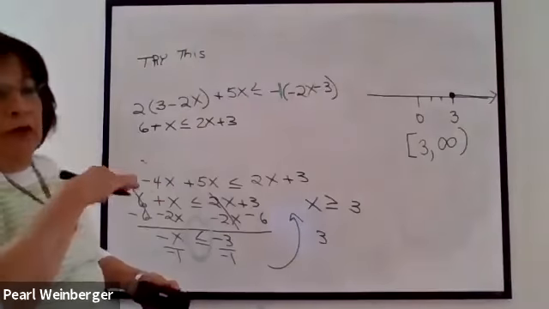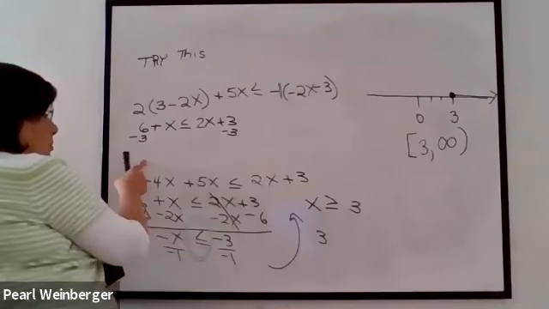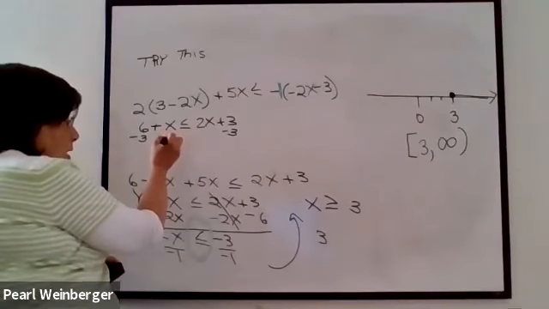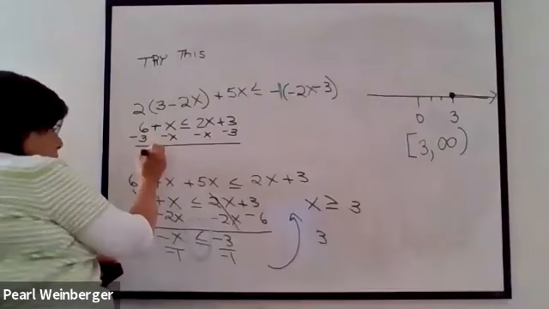Did you just bring it over, or did you do minus 3 from both? Minus 3 for both of them. And you did minus x also? Yes. Okay. So 6 minus 3 gave you 3.